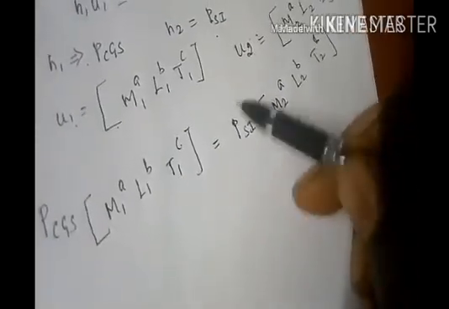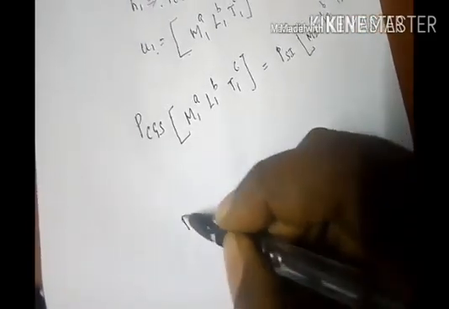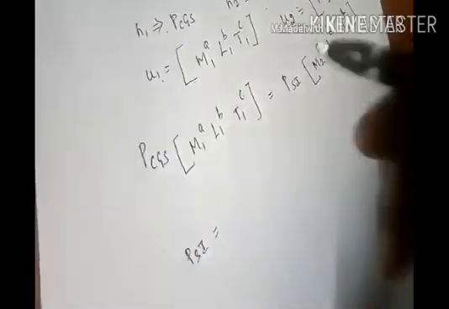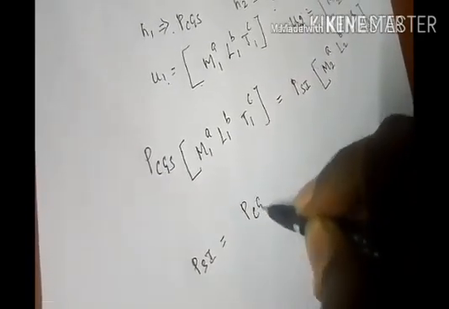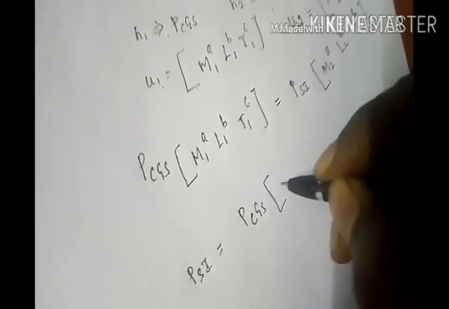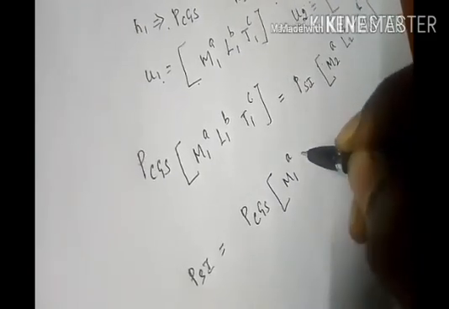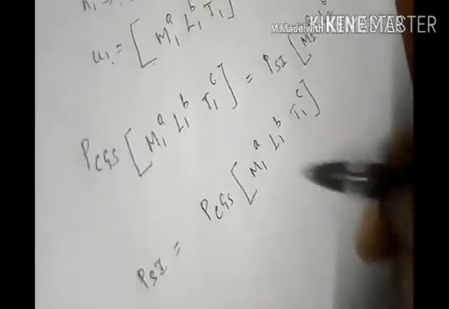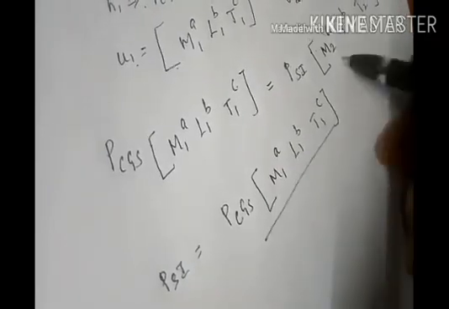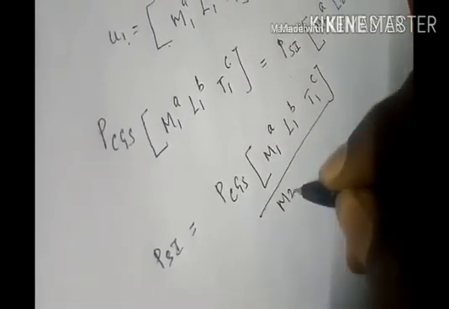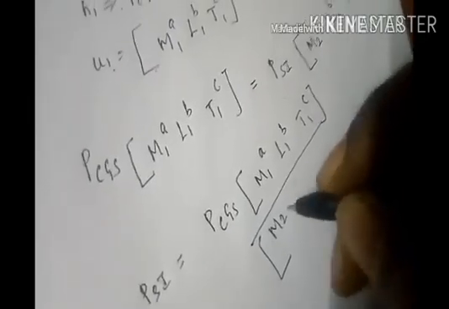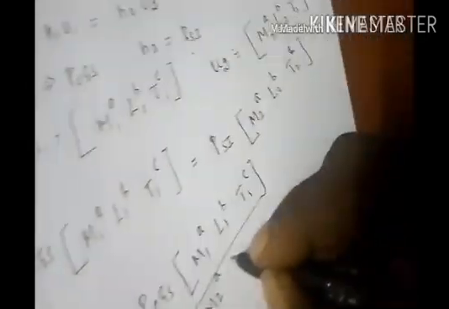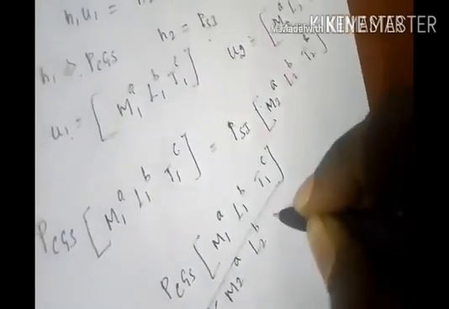So I want to calculate the pressure in SI system. This equation becomes like this: pressure in SI system is equal to pressure in CGS system times the dimension [M1 power a, L1 power b, T1 power c] divided by [M2 power a, L2 power b, T2 power c].